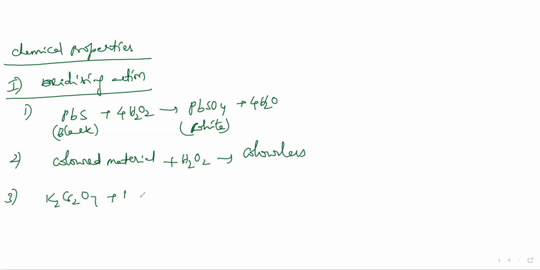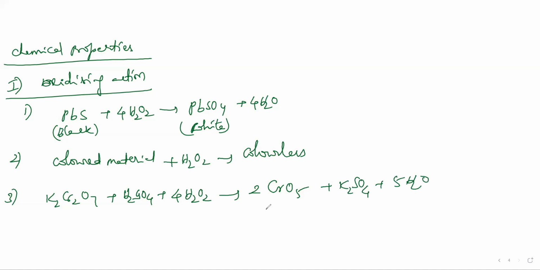K2Cr2O7 in presence of H2SO4 plus hydrogen peroxide gives an oxidized product, which is peroxide of chromium. Yesterday we have seen its structure. Now it is a blue colored compound, right?